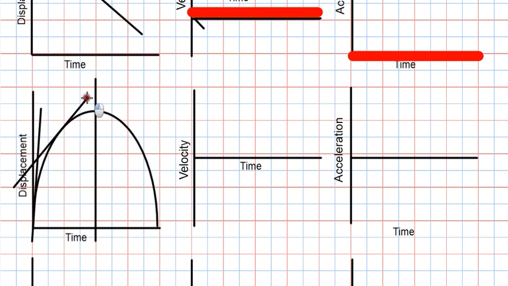And over time, until we get to the end of the first half, the slopes remain positive but decrease in magnitude. Ultimately, at the very top, and this needs to be tangential, the slope is 0.